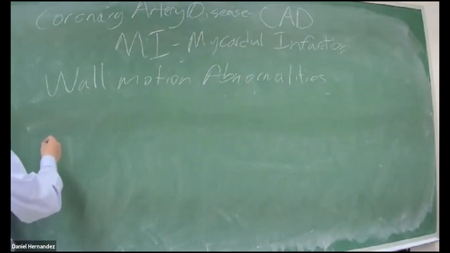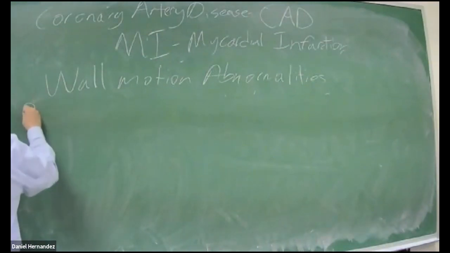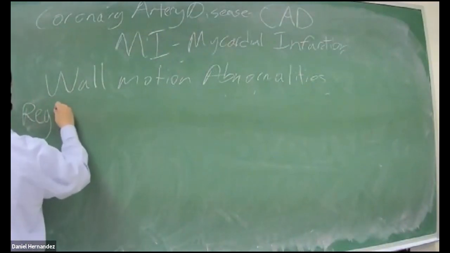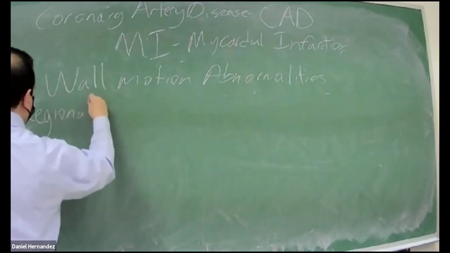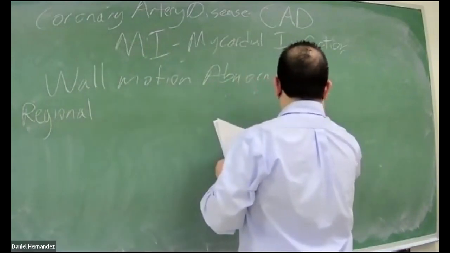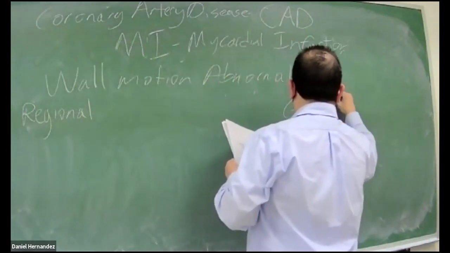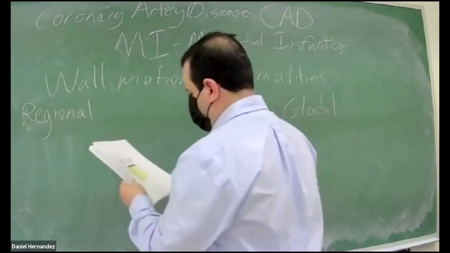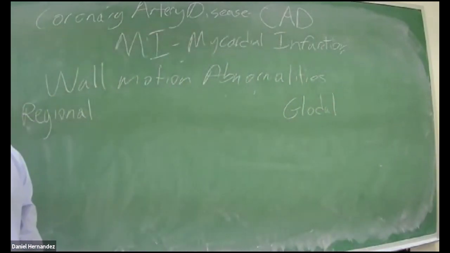So wall motion abnormalities can be broken up into regional and global. Under regional, we can have qualitative.